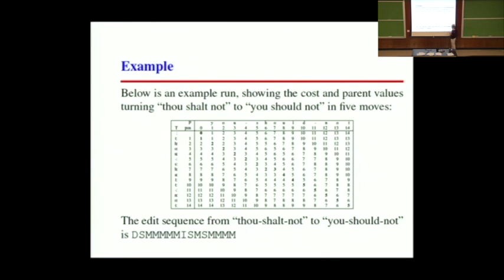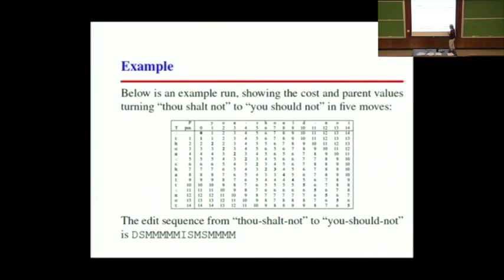I claim the last substitution was right between these guys, right? The parent from here goes in a diagonal way, but that's not so good because although it goes in a diagonal way, the cost went up. This is where, if you look at it, we did the substitution from the D to the T. Does everybody see that?